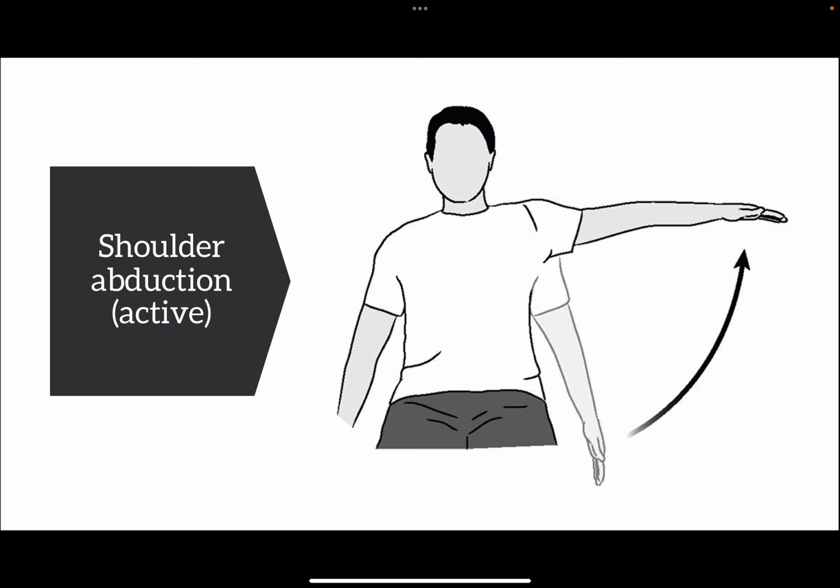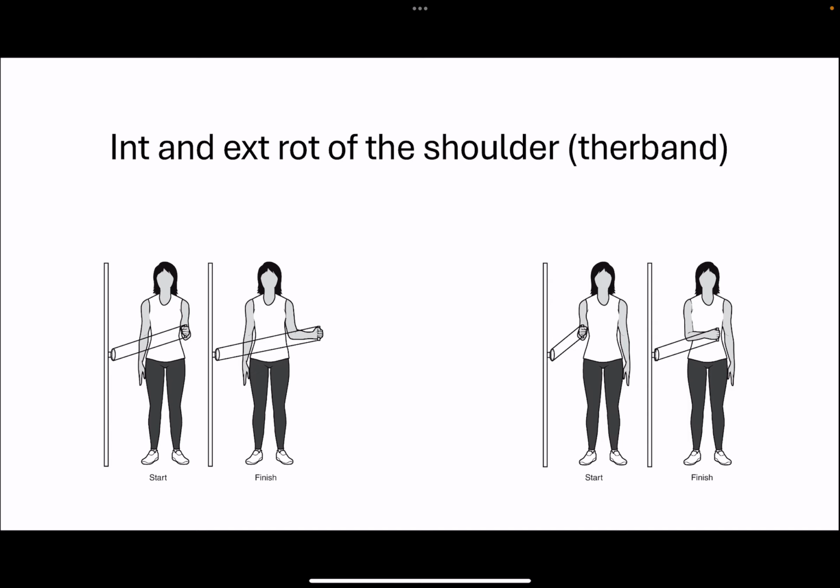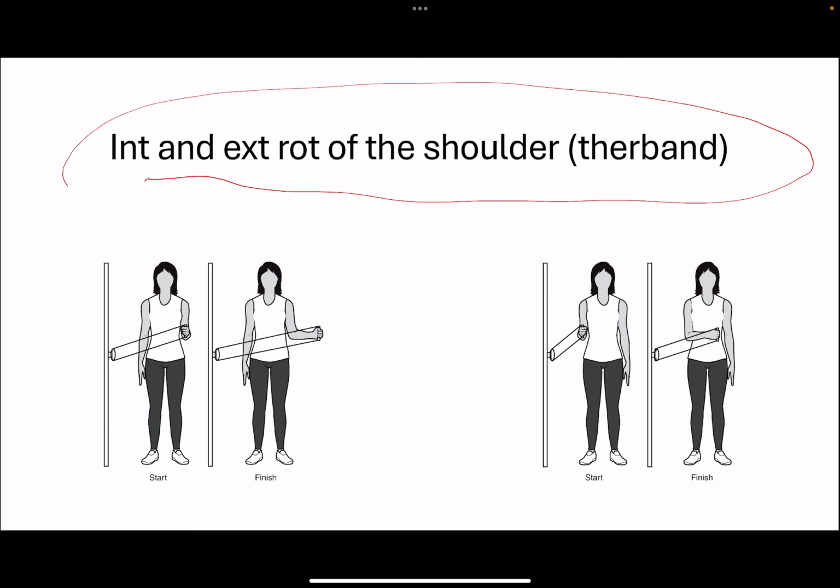Then full active shoulder abduction, the same idea. Internal and external rotation for the shoulder, but with a band, like that. Here is starting position, finishing position, and here is external rotation, internal rotation.